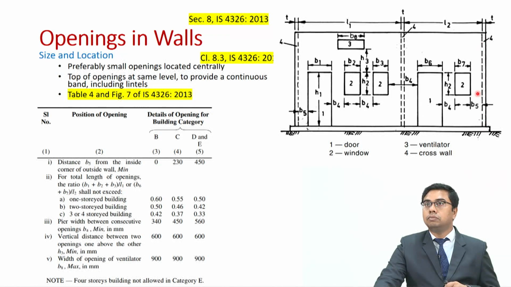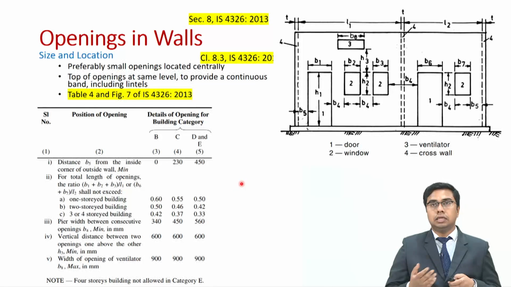So from the face of the cross wall, the opening should be at a distance B5, which should be at least equal to 230 mm in case of building category C and 450 millimeters in case of building category D and E. So these are minimum values. Similarly, there are other geometrical restrictions for ductile detailing. We will look at how to implement these restrictions as we go through the illustrative example problem.